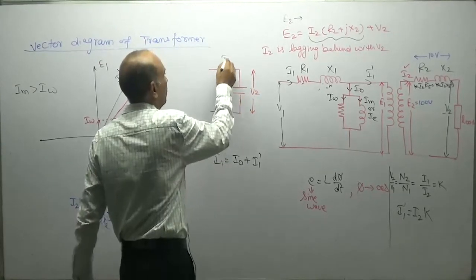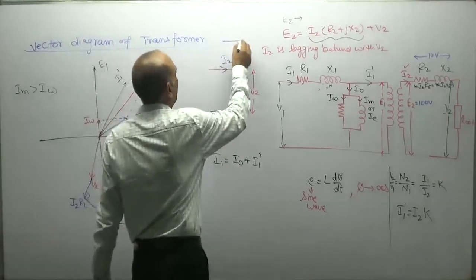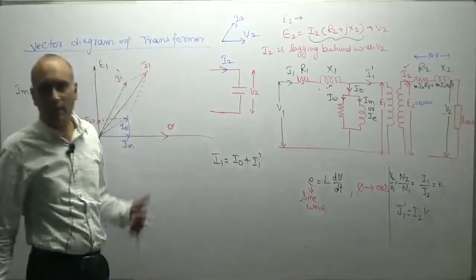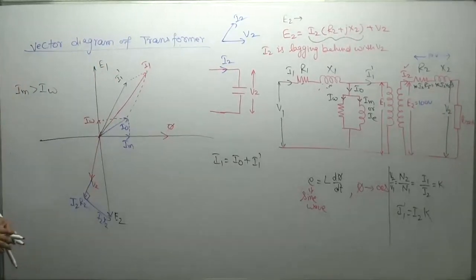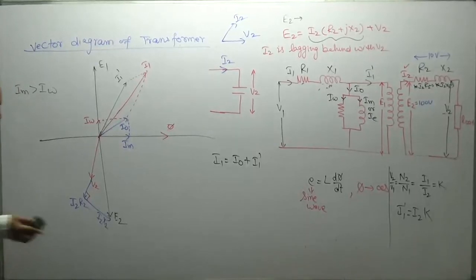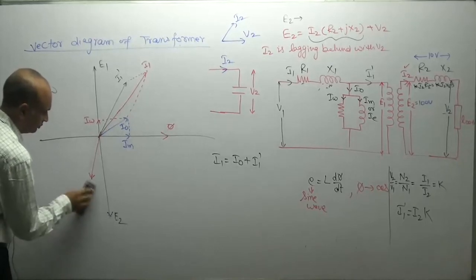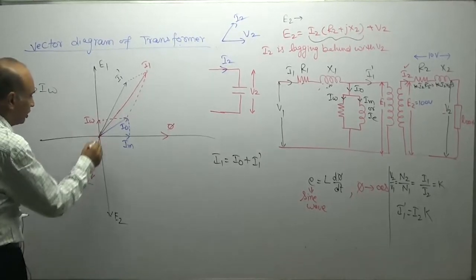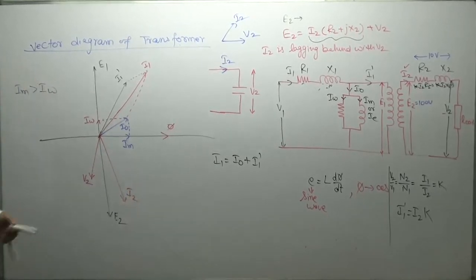Current is I2. So what will be the relation in V2 and I2? It's very simple. If it is V2, current will lead. On the same ground, suppose it is V2, it will be I2. Current will lead.